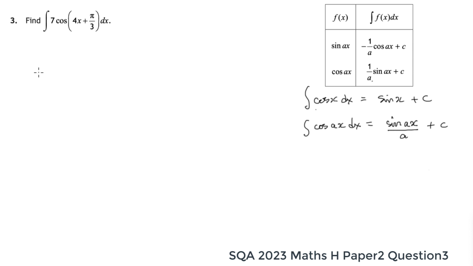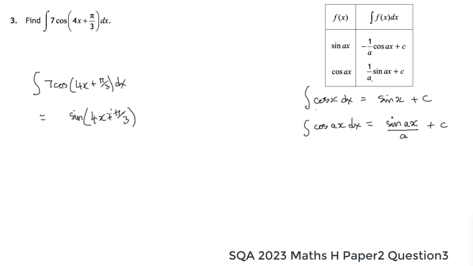So if we're integrating 7 lots of cos 4x plus pi upon 3, we know we're going to get a sine. We know that that is part of the audience.